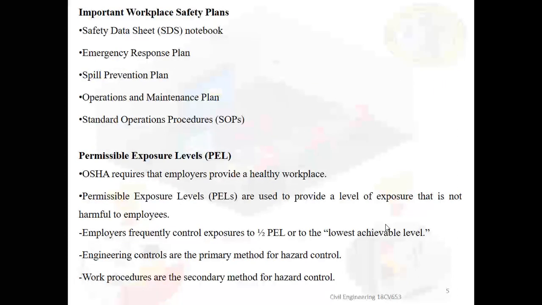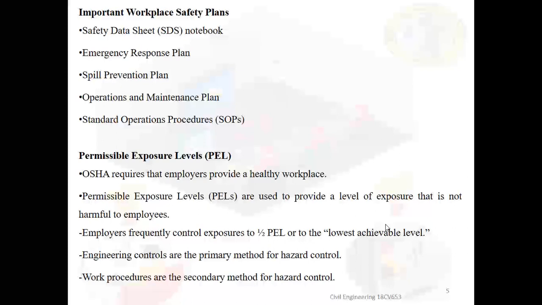Important workplace safety plans: safety data sheets notebook, emergency response plan, spill prevention plan, operation and maintenance plan, standard operating procedures, which is SOPs. So important safety plans should be there for any institute working in the treatment plant or where the chemical is dumped.